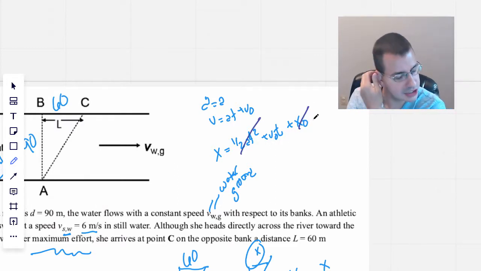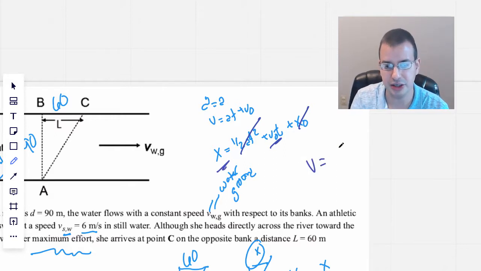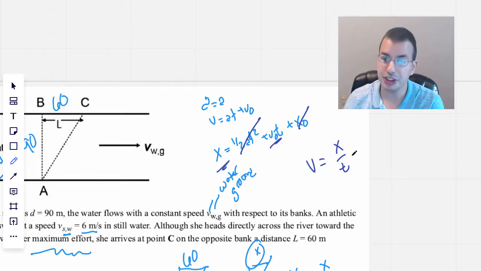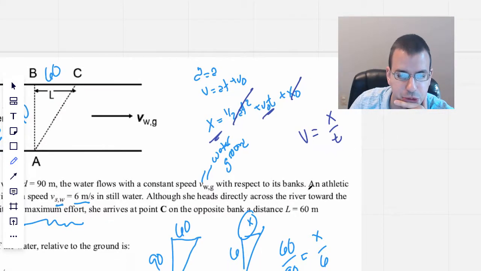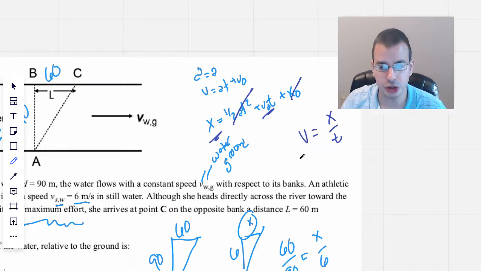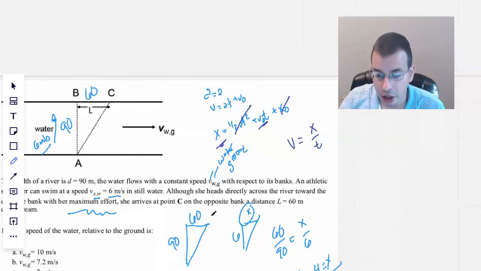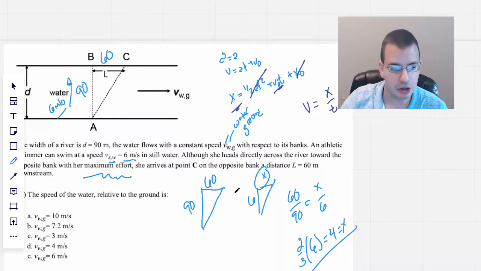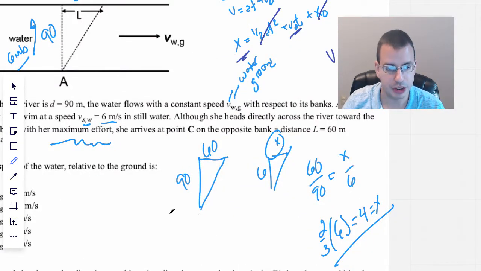We assume that x naught is 0, and so we're left with our equation of velocity equals distance divided by time, which is pretty much what we're used to, and it gives you this linear relationship between distance and time. So that's why this similar triangles method works here.